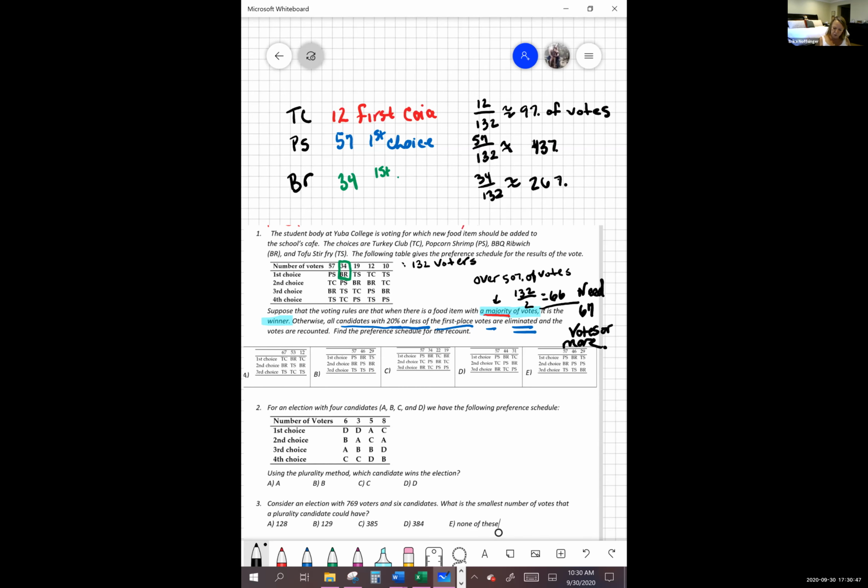And then one more choice was the tofu stir fry. But notice there's a couple different places where they had first. There were 19 people from this column that put them as first choice, but there was 12, oops, not 12, there was 10 over here.